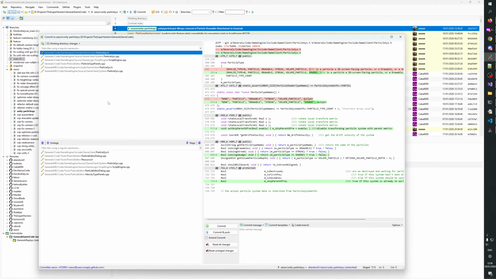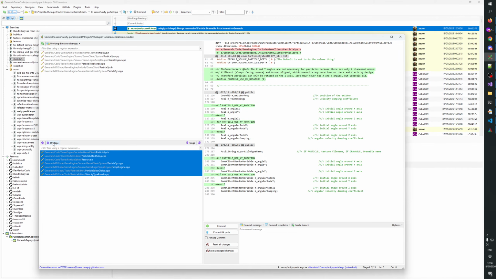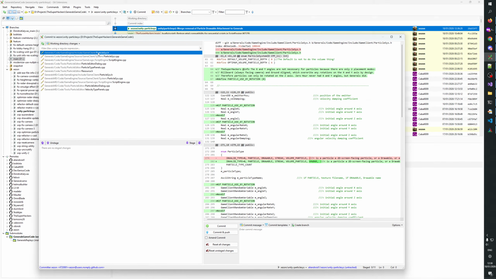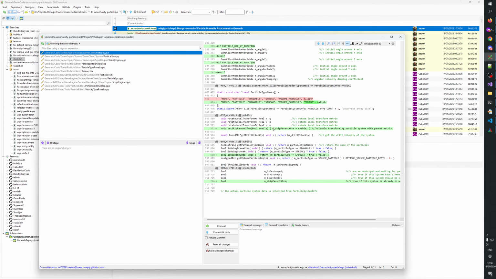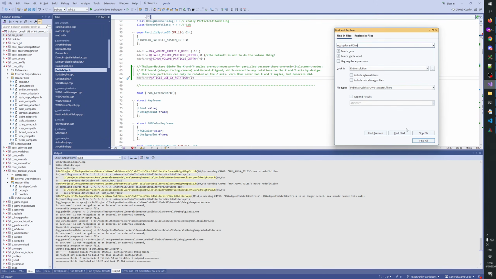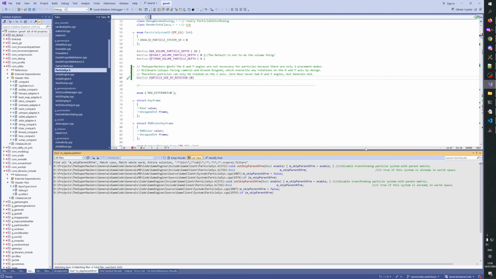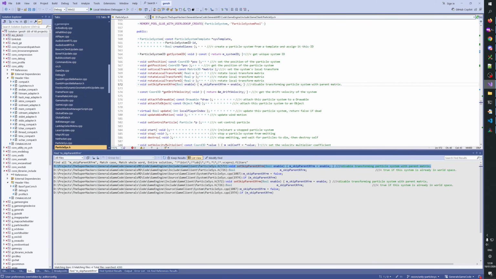We are missing something here. Let me unstage all of this again. The other change is missing this stuff here. Set skip parent X form. Who's calling this?